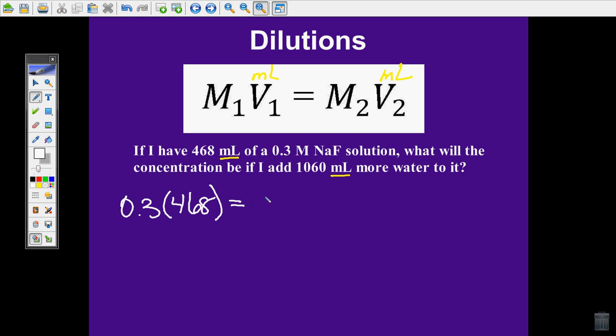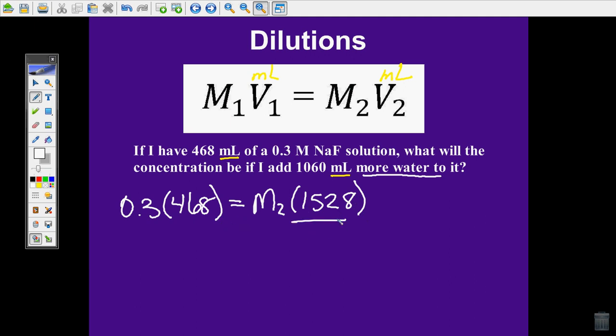What will the concentration be? So I don't know my final molarity, and I'm adding 1,060 more water to it. That means I have to take 468 and add it to 1,060. So my final volume is that many milliliters, 1,528.